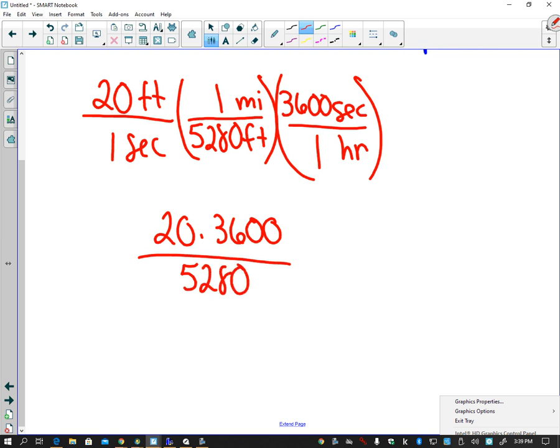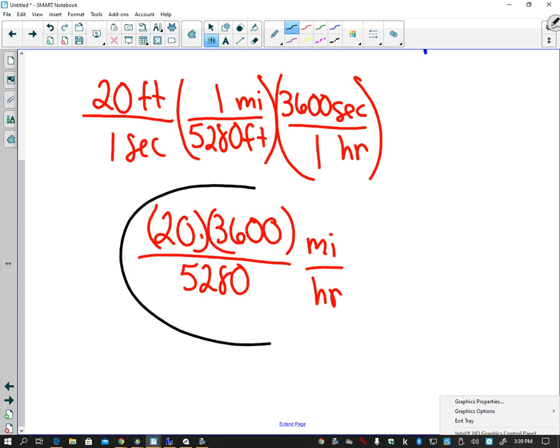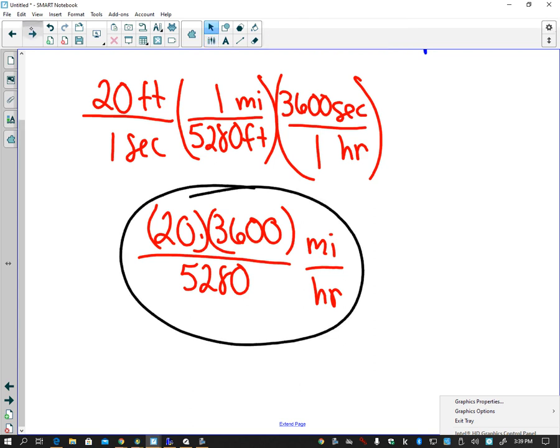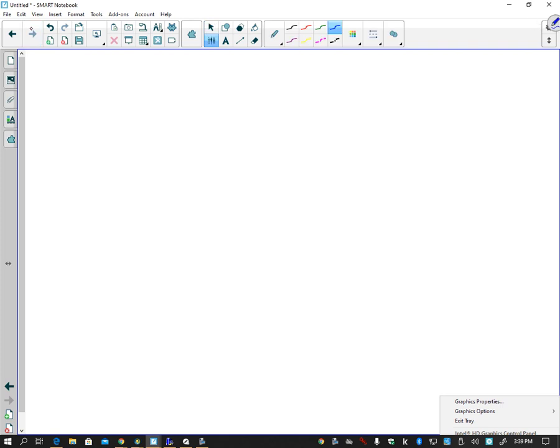Okay, and we would get miles per hour. So this is actually our answer. We want to know what is the conversion that will get that for me. Okay, number 13.